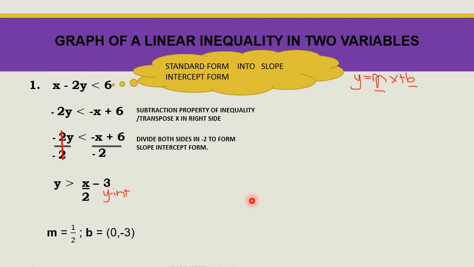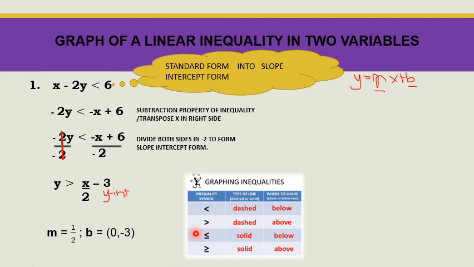So we're going to graph this one here. Okay, take notes. For graphing inequalities, the inequality symbols for the type of line: the dashed line is for greater than and less than. Take note of this one.